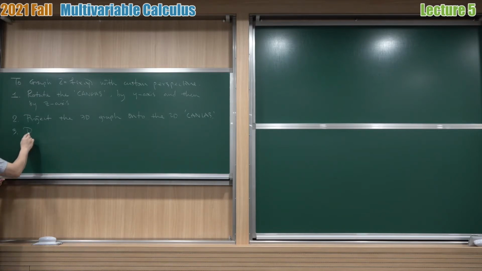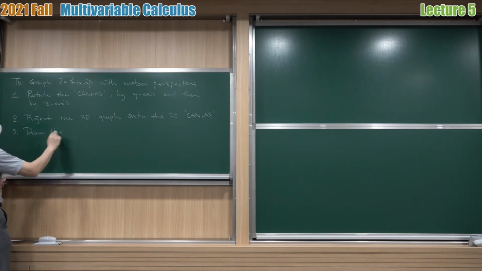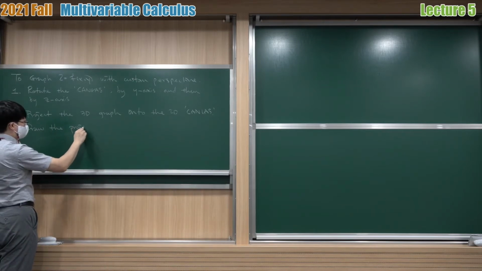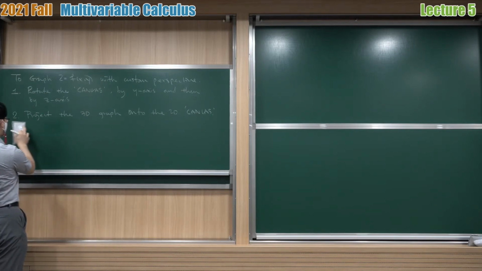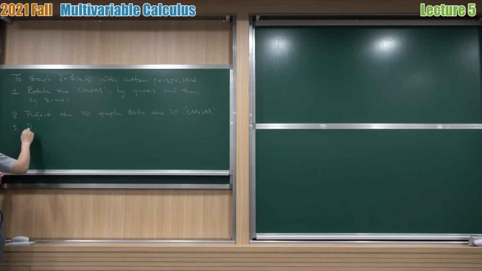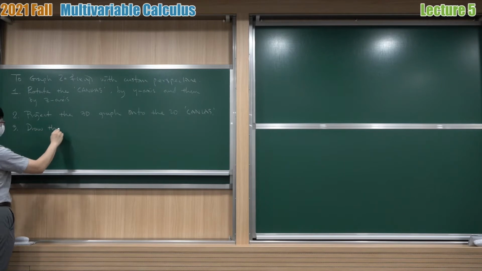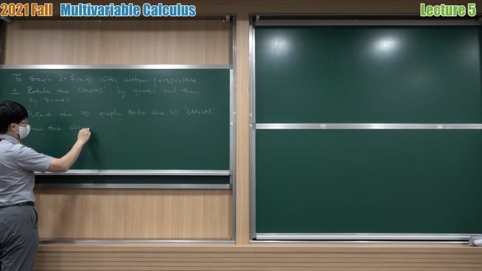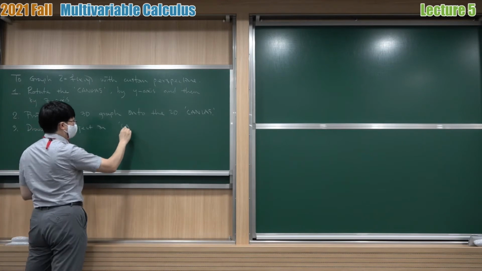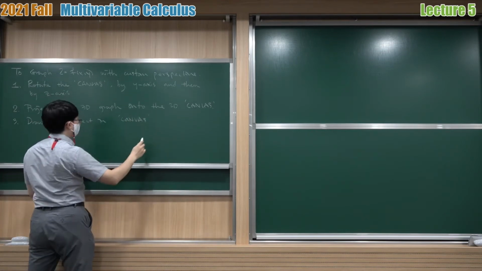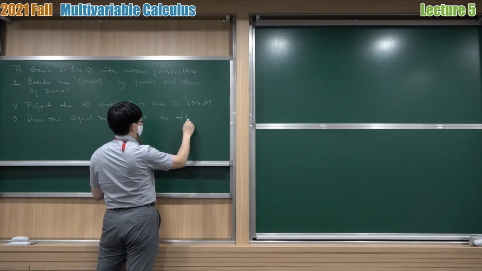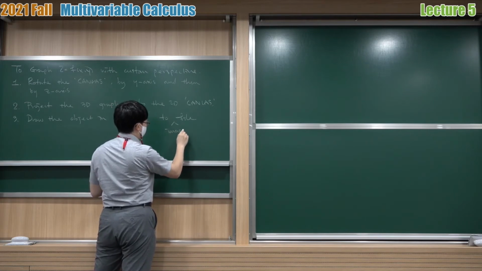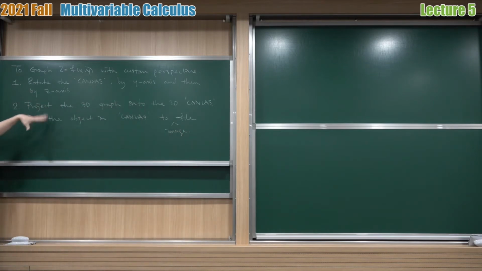So draw the projection, or should I say, just draw the object in canvas to the image file. Okay? So that's our three-step method of drawing things.